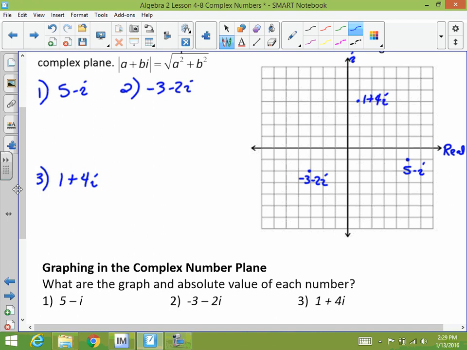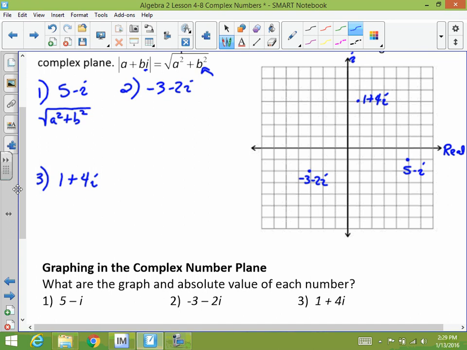Now, to find the absolute value of each one of these numbers, you're just going to do the square root of a squared plus b squared. Where a is your real part, b is the imaginary part, the number in front of the imaginary part. Notice you don't use the i. There's no i in this part of the formula.